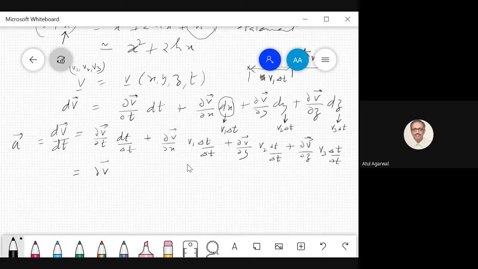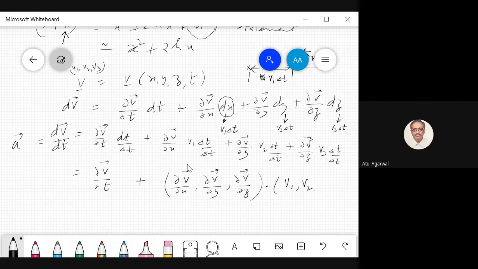So this you write as del v by del t plus this you can write as, can you see what I have done? I have written this as a dot product of these two vectors.